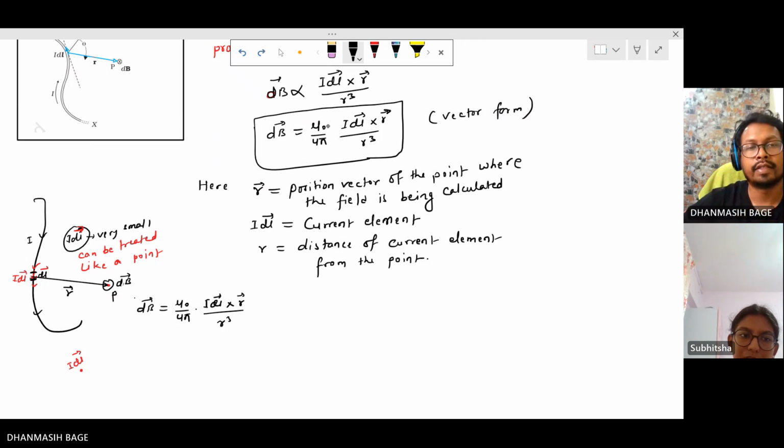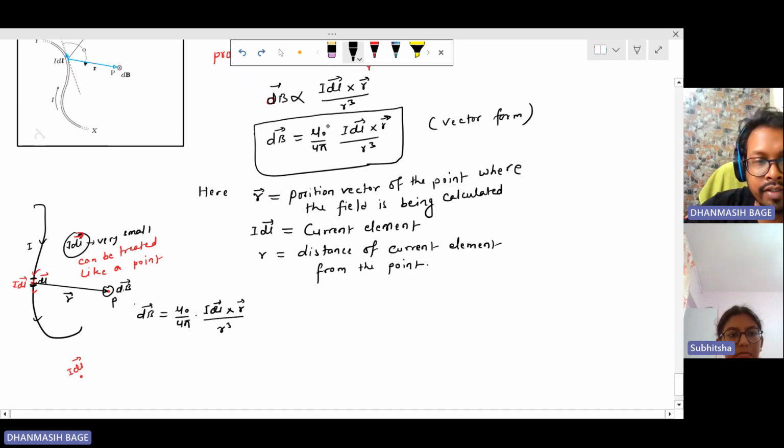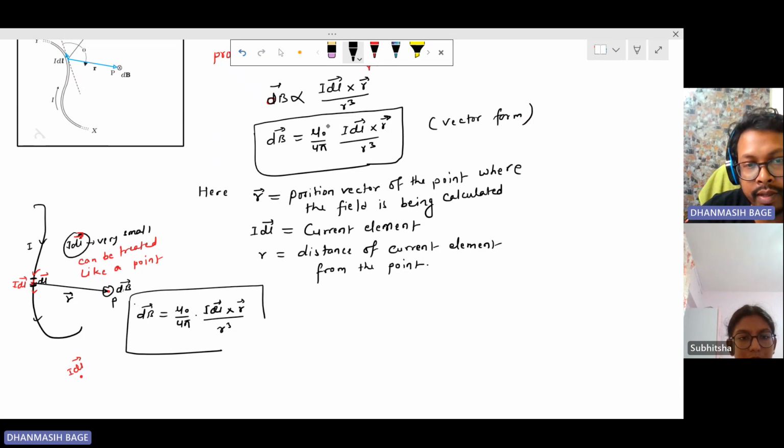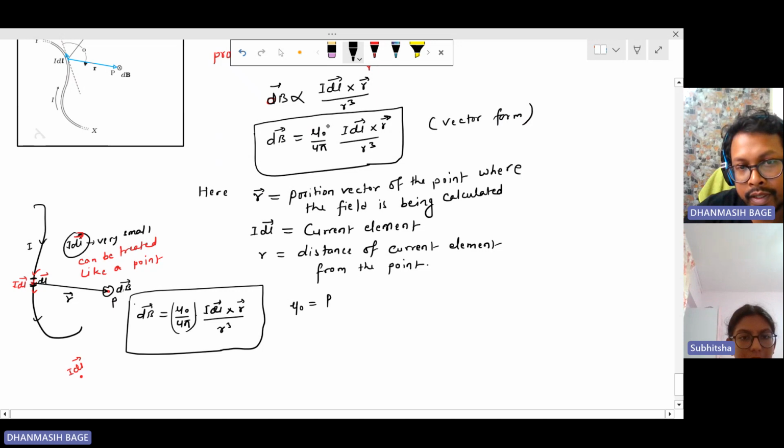Okay, just see that it is just a statement. You just need to understand the terms, what each term means, right? This is just a constant. Here, mu naught is called the permeability. This is very important. We'll talk about it later.